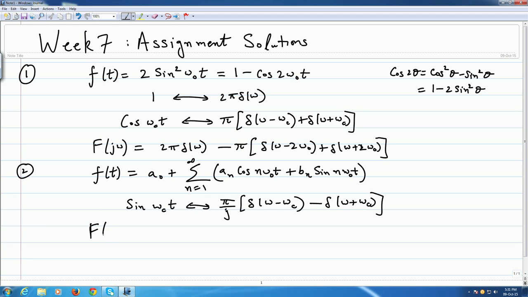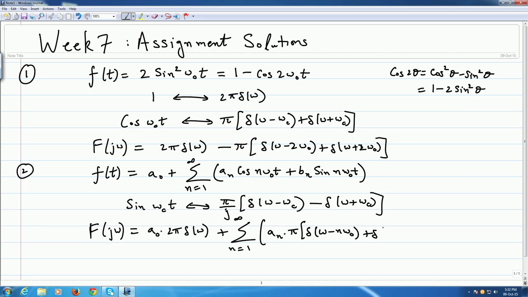One can directly figure out that the Fourier transform is going to be a naught times 2 pi delta of omega plus summation n equals 1 to infinity a n times pi times, for cos you get pi times, delta omega minus n omega naught plus delta omega plus n omega naught.